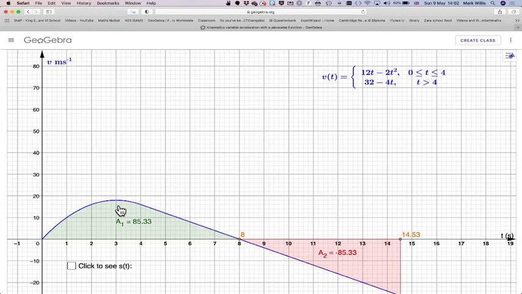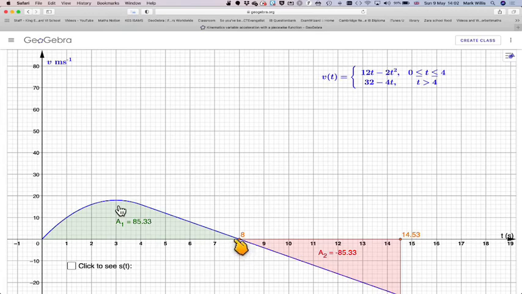Okay, so here we've got the velocity function. We can see it's moving like that, and this point here is where it changes direction, so it moves away from the origin, and this is the maximum point it actually gets, at 85 1/3 when t is equal to 8.